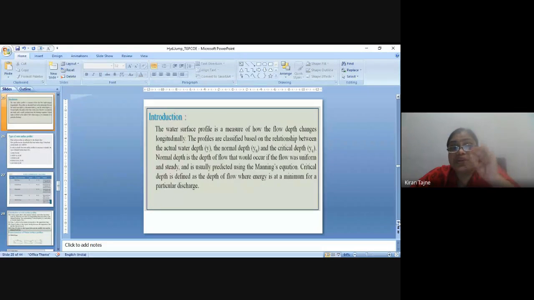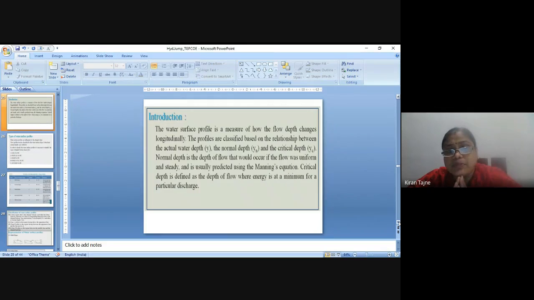The normal depth is the depth of flow that would occur if the flow was uniform or steady. If the flow is uniform or steady, then that depth of flow occurs, and that is known as normal depth.